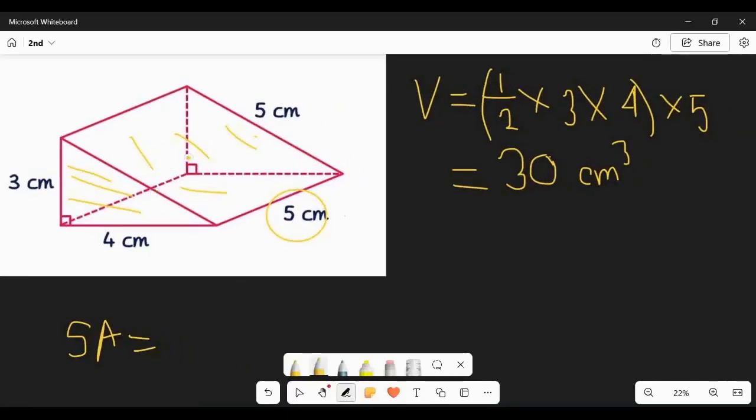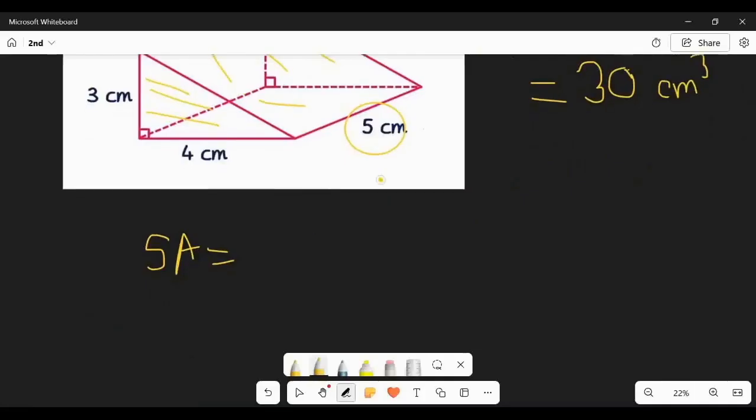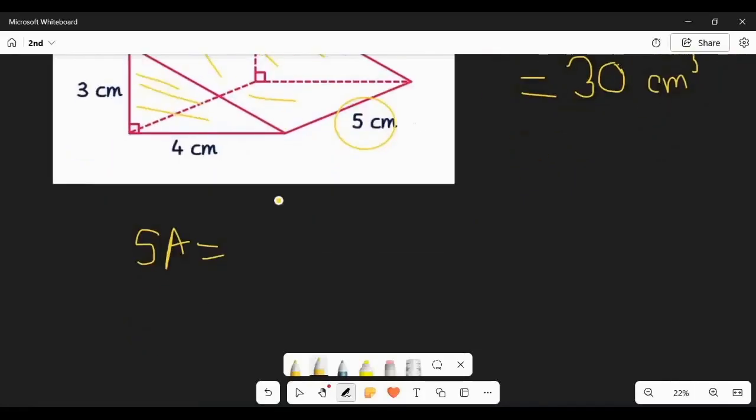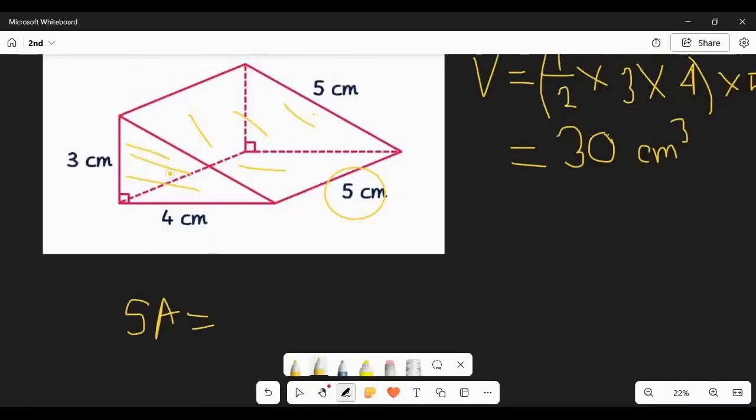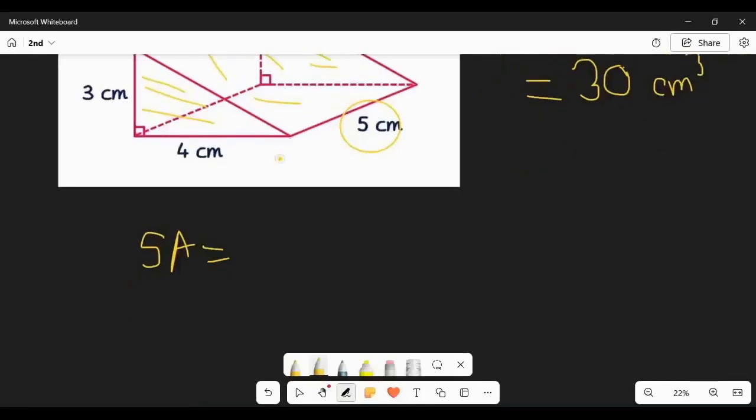So let's find the area of these two triangles first. We know the area of this one, so let's just write it. As there are two triangles, we have to write it like this: 2 into the area of one triangle, that would be half into 3 into 4.